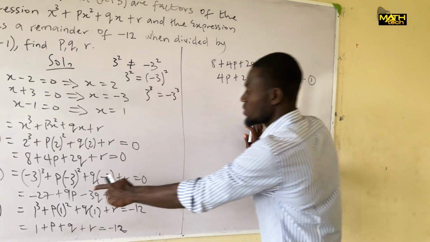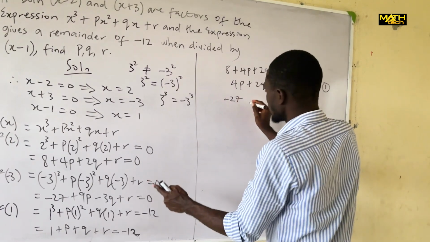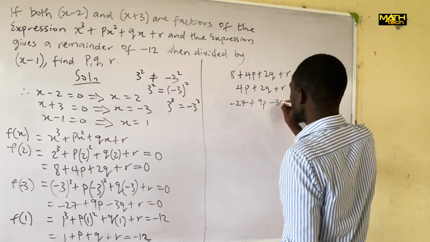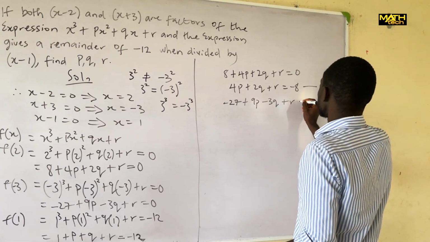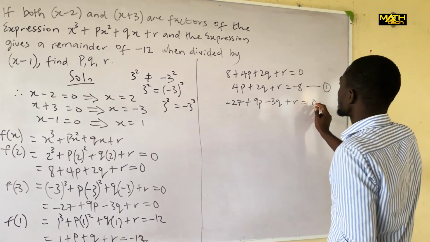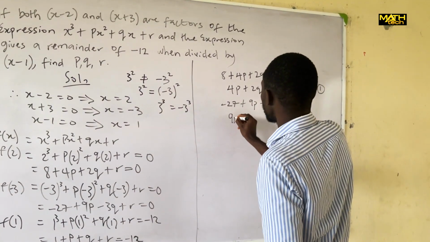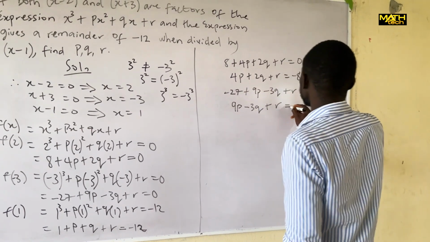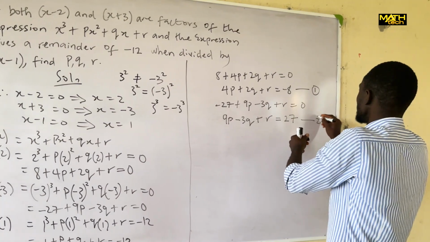Same thing here. Here we are having what? Minus 27 plus 9p minus 3q plus r equal to 0. So instead of calling this equation 2, we move this to the right hand side and we'll be having 9p minus 3q plus r equal to, once this negative becomes positive, 27, and we call this equation 2.